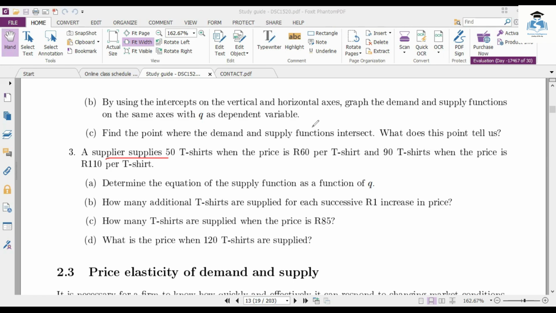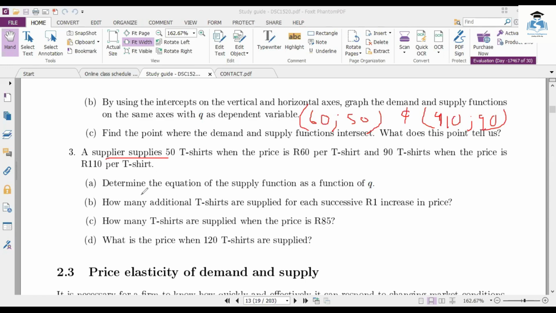So we have 60, 50, and also 110, 90. Isn't it the other way around, price quantity? Yes, that's right, price, quantity.